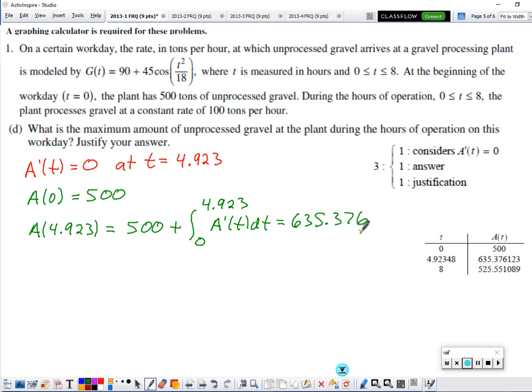Then I go find the amount of gravel at the end of the day, which is 8. 525.551.